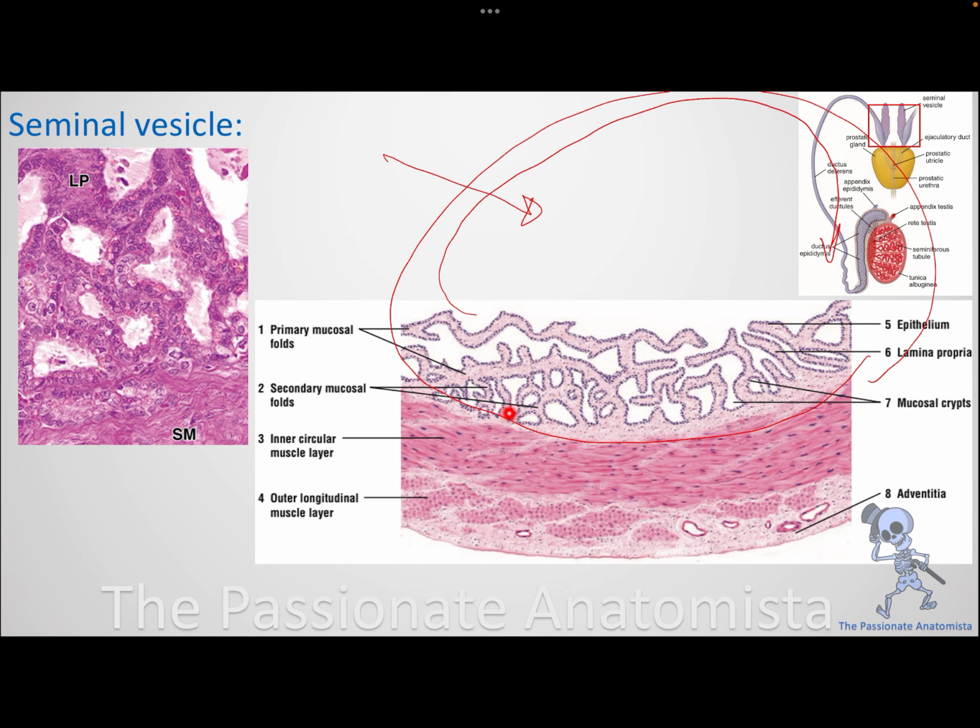This is only the mucosal fold, and you guys know that the mucosa means I have the epithelial lining and the connective tissue that supports it. It's only fibroblasts and fibers, collagen fibers, and the hyaluronic acid or the extracellular matrix that we have in connective tissue. Okay, so this is basically mucosal folds.